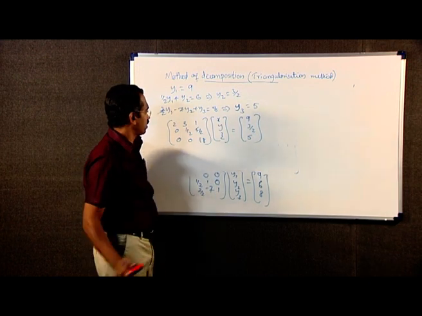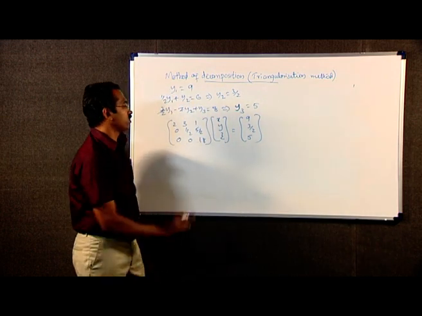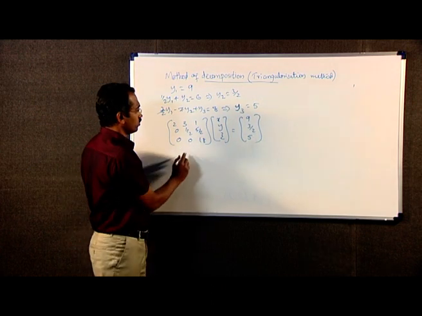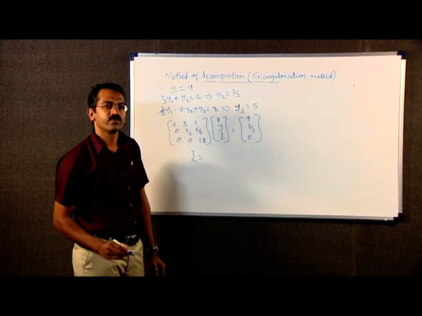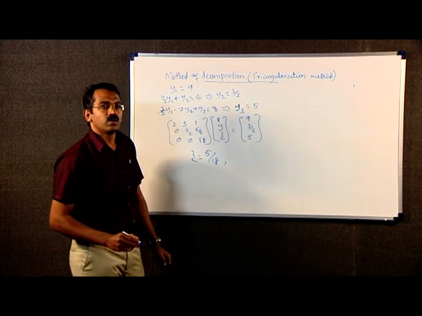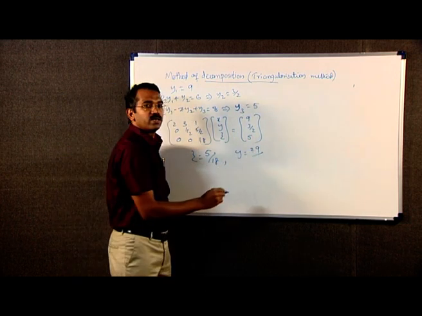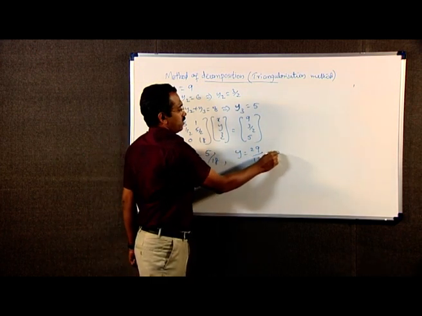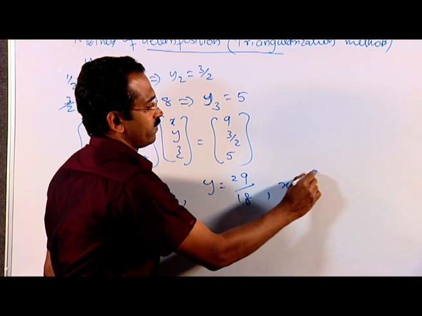By back substitution, we can find the unknowns x, y and z. From this, z is equal to 5 by 18, y is equal to 29 divided by 18 and x is equal to 35 divided by 18.